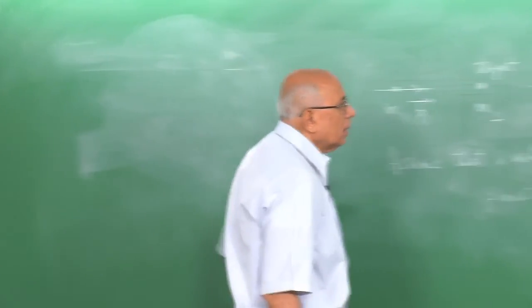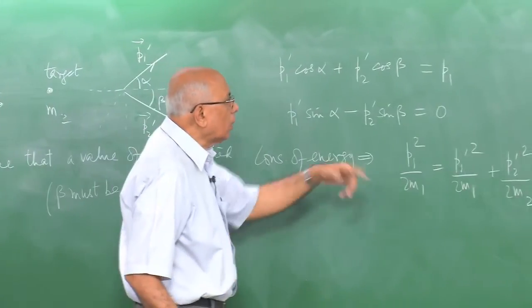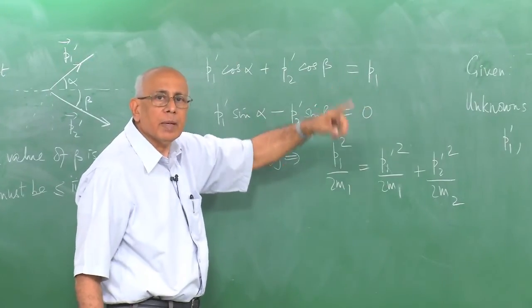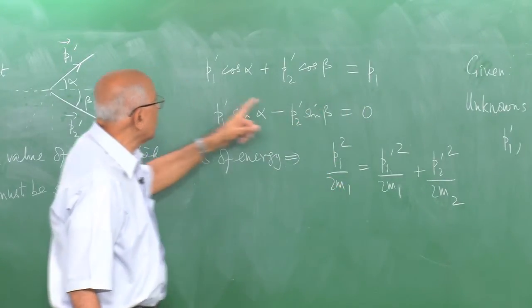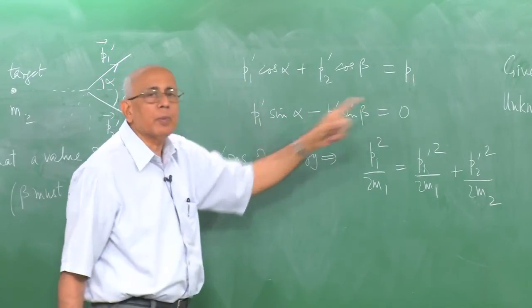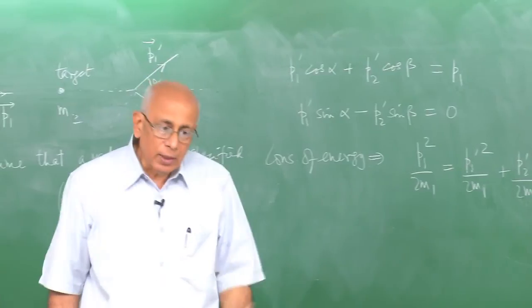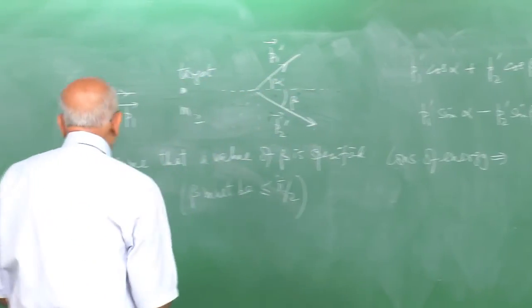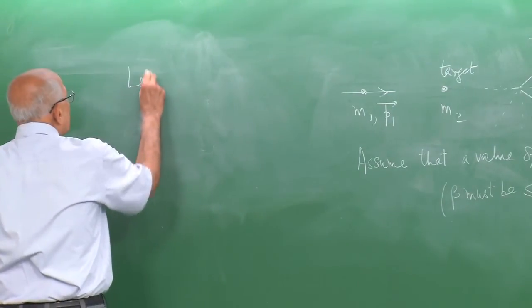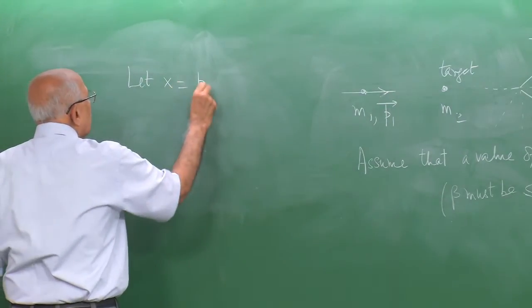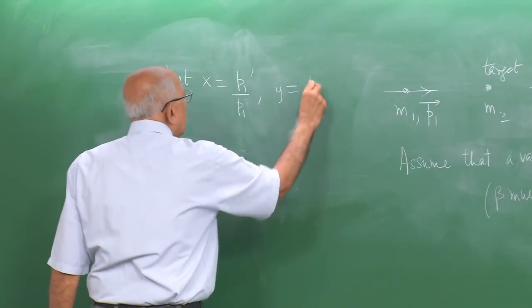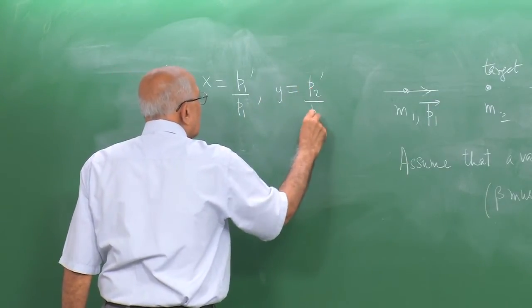This follows at once, because again you see the only quantity with dimensions of momentum is P1 among the given variables. Therefore it's clear immediately that P1 prime and P2 prime must be proportional to P1. So let's make life simpler. Let x be equal to P1 prime over P1, and let us put y equal to P2 prime over P1.